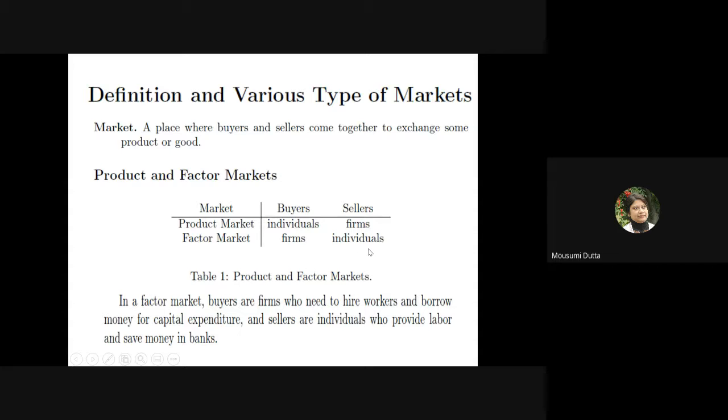We are selling our labor, and against this we are getting our income or wage. Okay, so... Ma'am, is there any example of factor market?